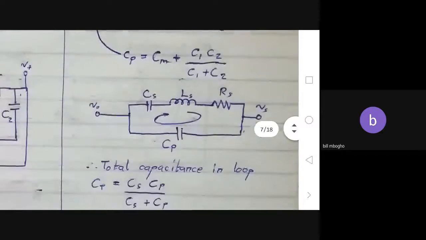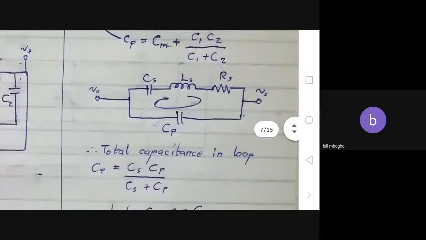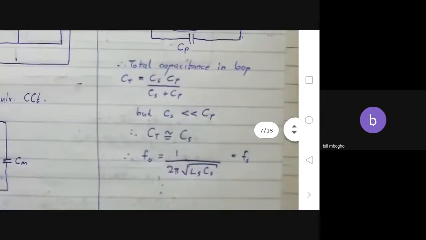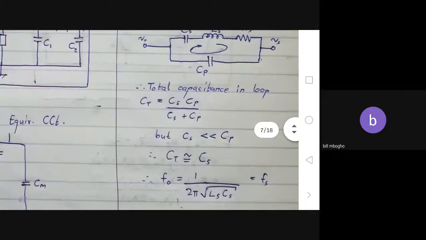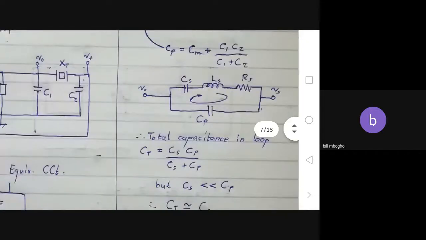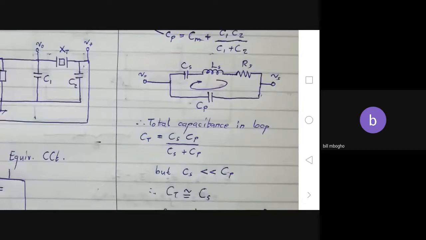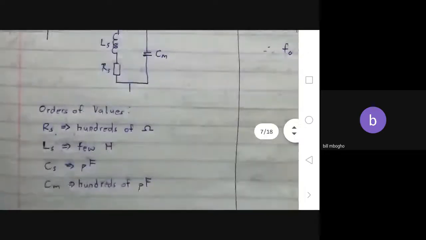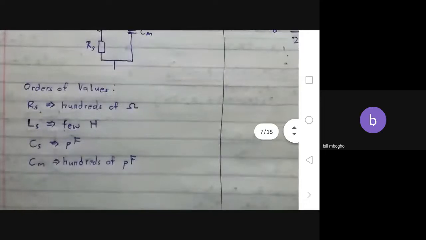So after that, now you can look at the loop current. The total capacitance in the loop is the series of CS and CP, which is here. But from before, looking at the order of values, you'll see that CS is a lot less than CM.